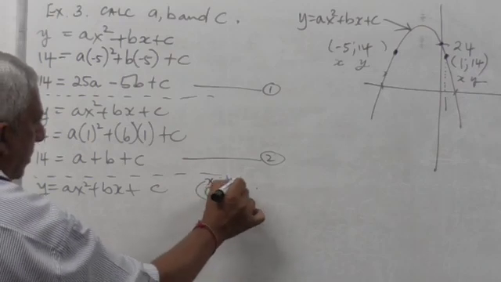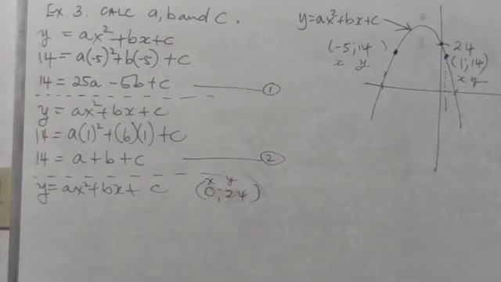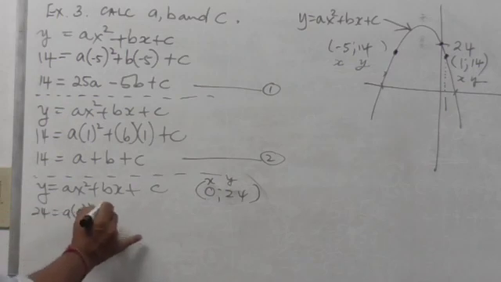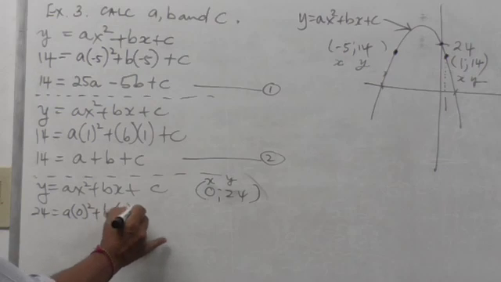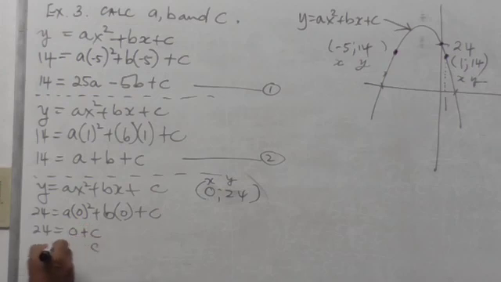That's your x, that's your y. So y is 24. There's 24 is equal to a into 0 squared plus b into 0 plus c. And that gives you 0 plus c, so you end up with c is equal to 24.